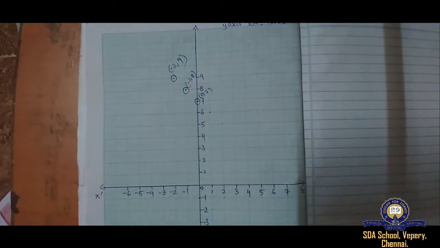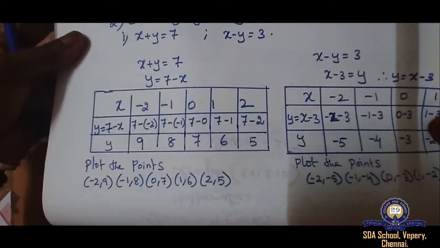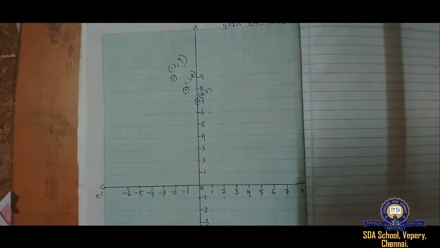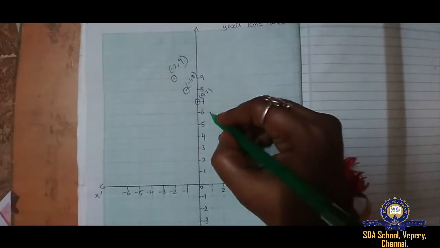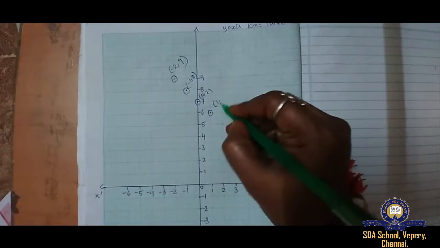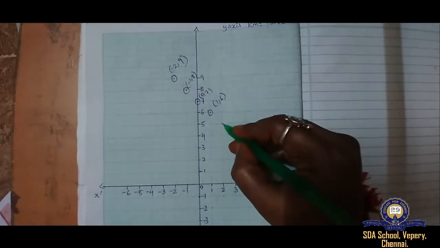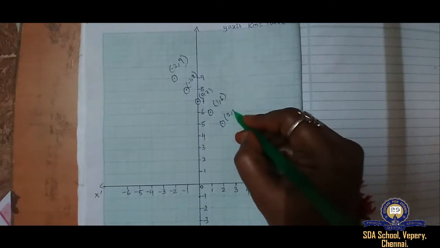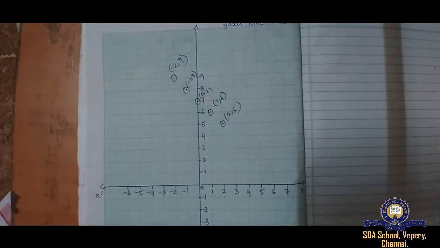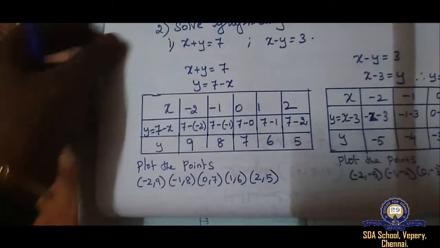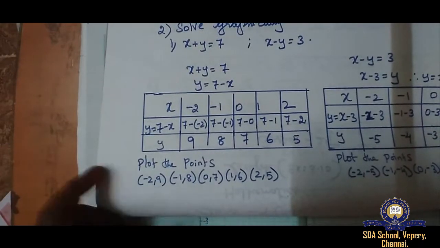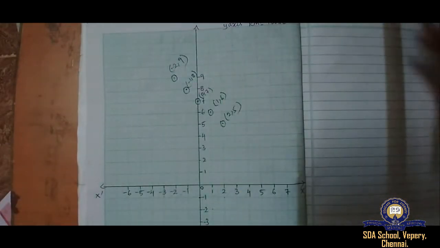Then see 1 comma 6 and 2 comma 5. X-axis is 2, y-axis is 5. Then this is for first tabular column. First you join it.